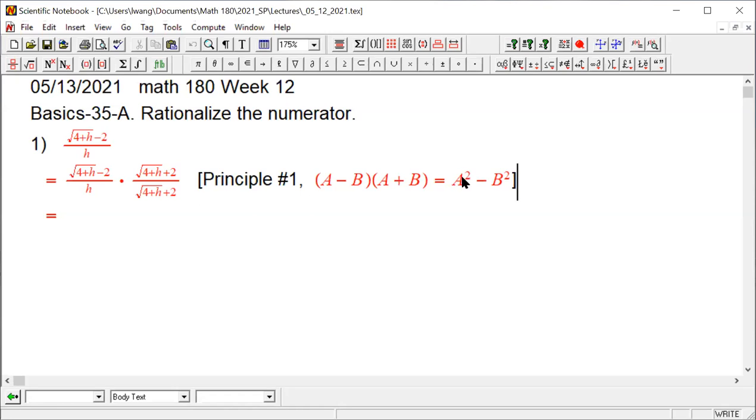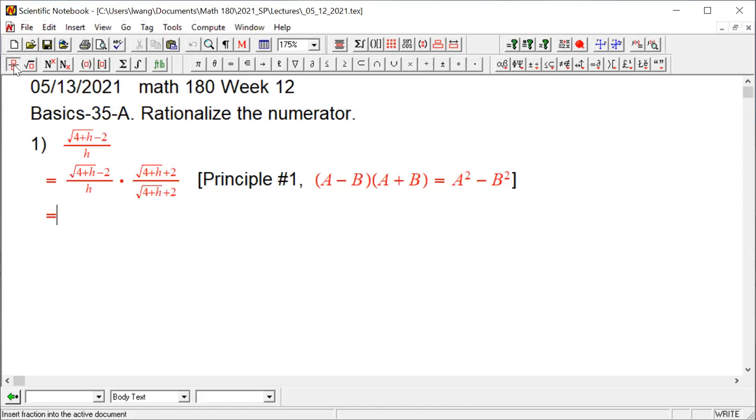So if we can do that, we will be able to get rid of the radicals. Okay, so now we have a minus b times a plus b.